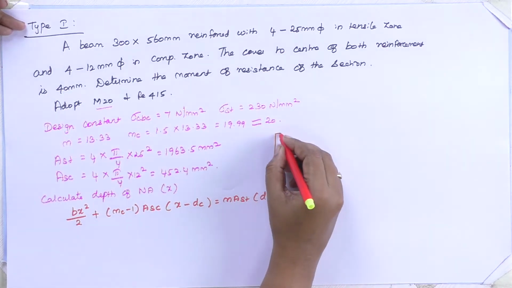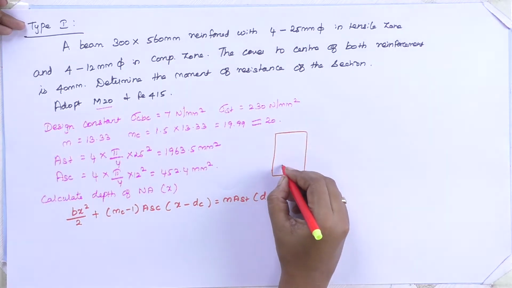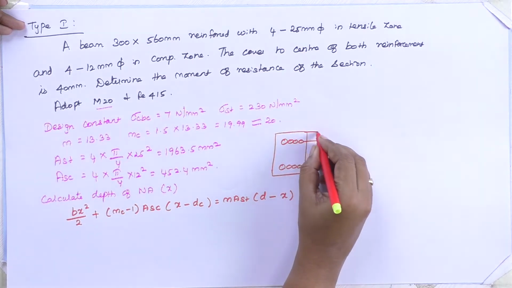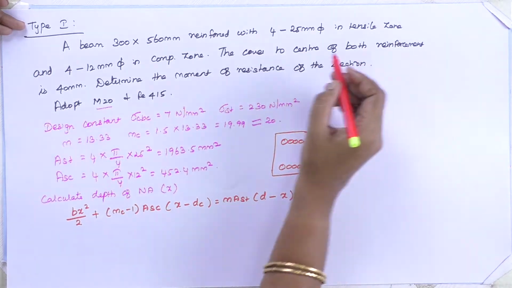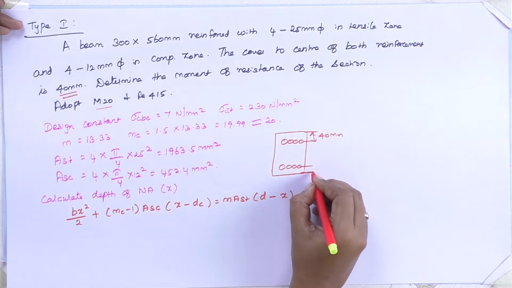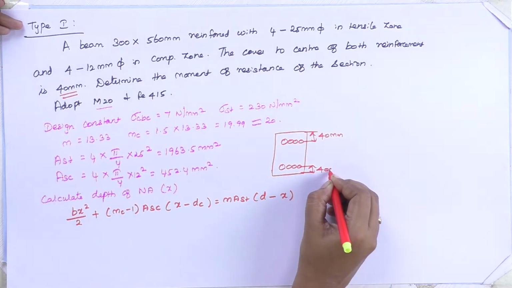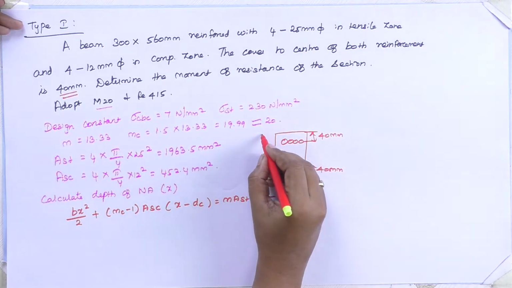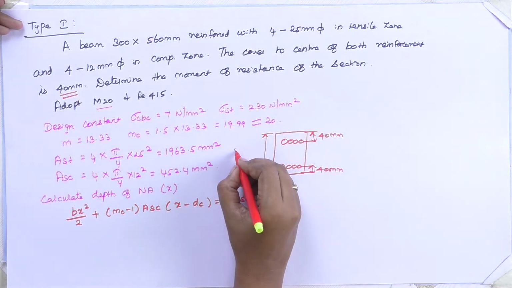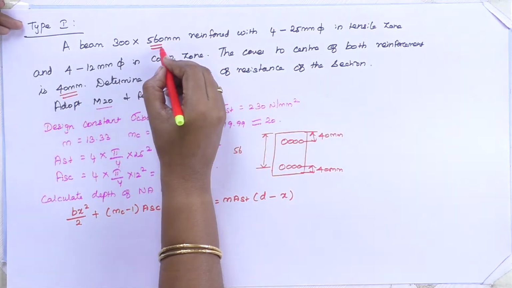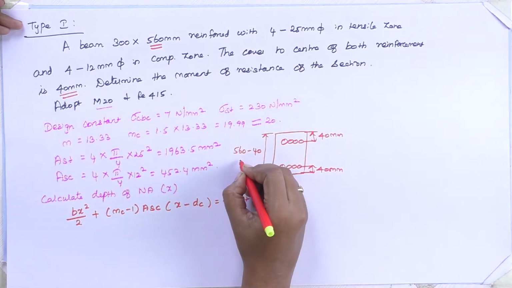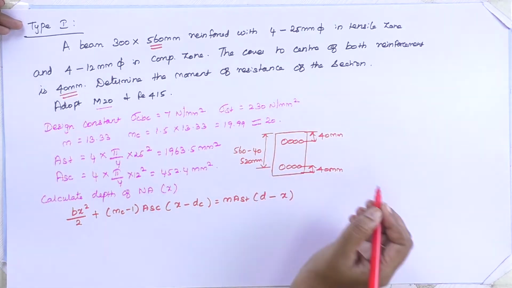Here when we draw a figure, 4 bars, this is 4 bars, the depth in the problem is given as 40 mm, the same way here also it is 40 mm. So the depth of this bar: 560 is the total depth, 560 minus your cover 40, that is 520 mm.